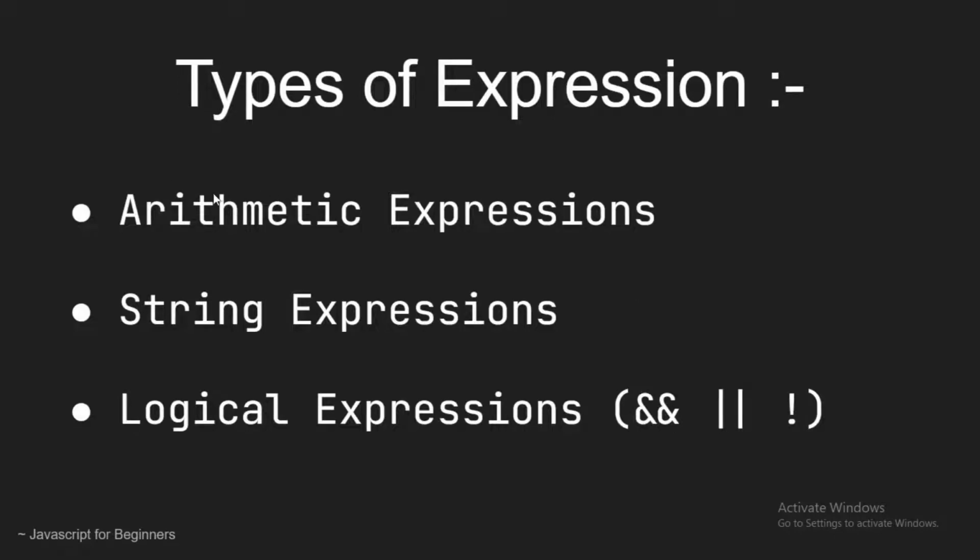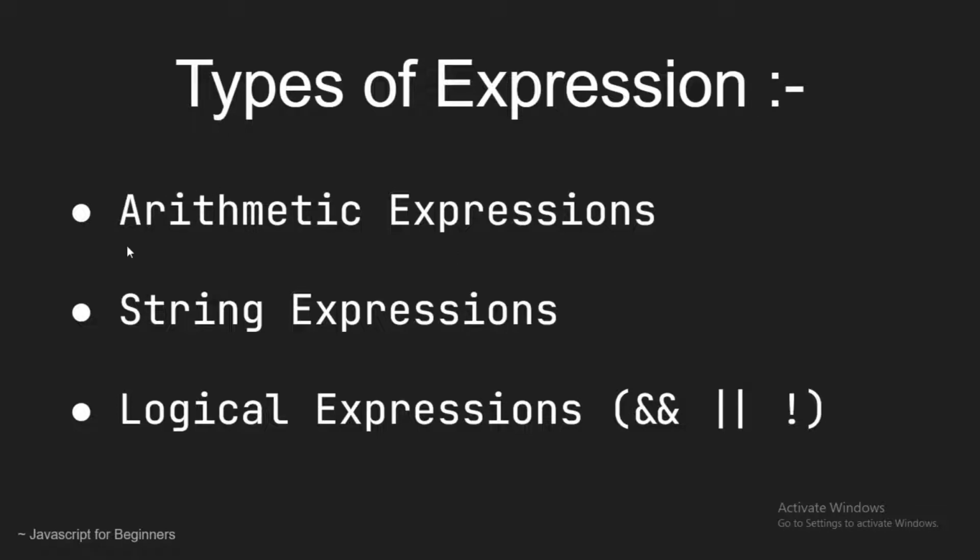The types of expression can be categorized mainly into three types. First one is the arithmetic expression, second one is the string expression, and third one is the logical expression, wherein we essentially use and, or, and the sign that reverses the type. Now, let's say we have this arithmetic expression.